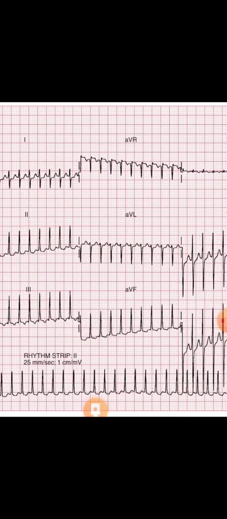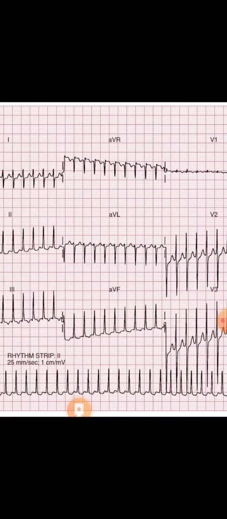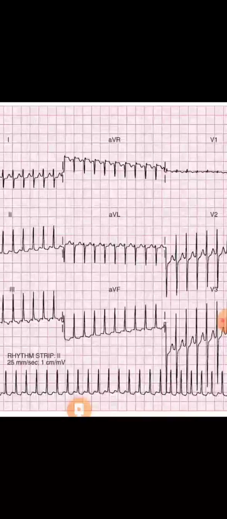The first thing is that in AVRT, and actually it's an orthodromic pathway as we have discussed already, the QRS complexes are narrow.